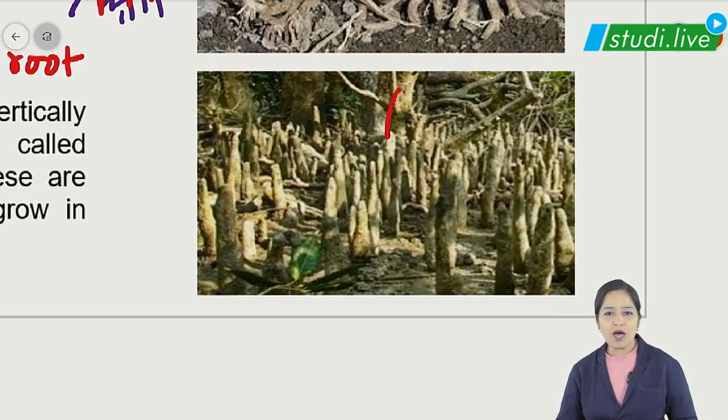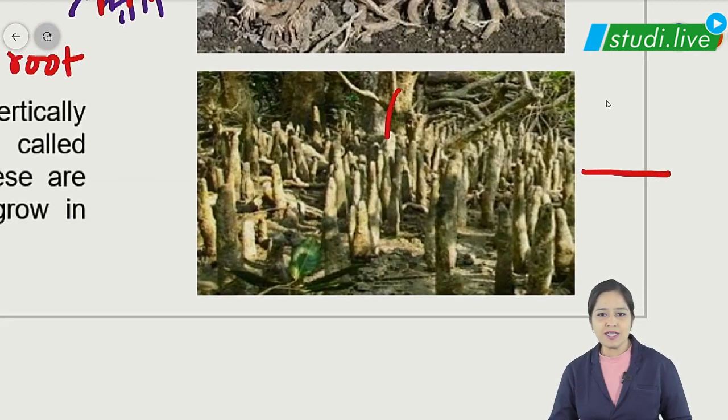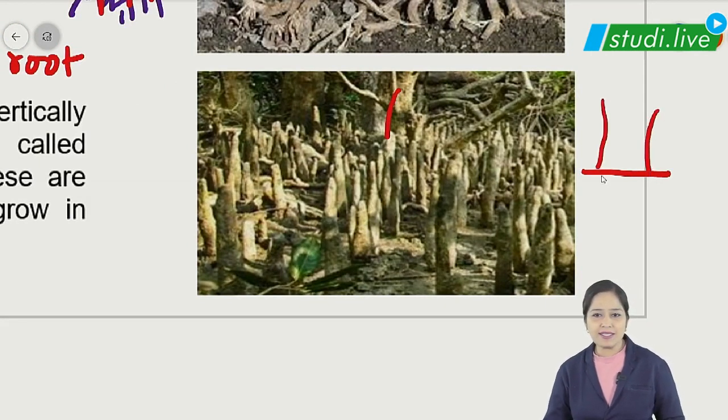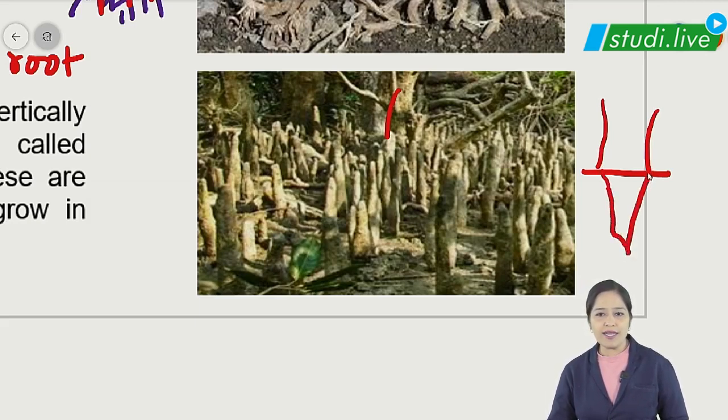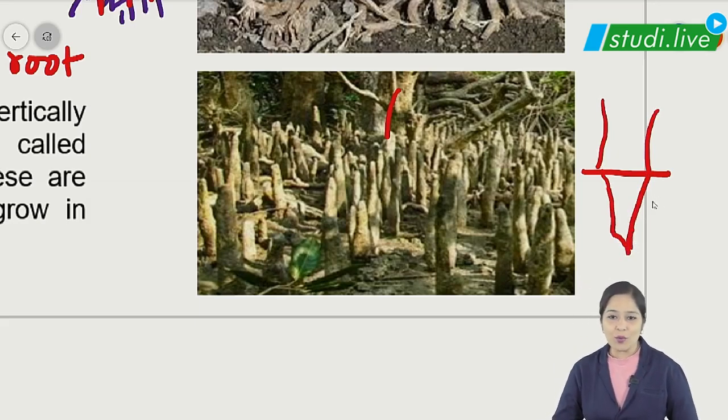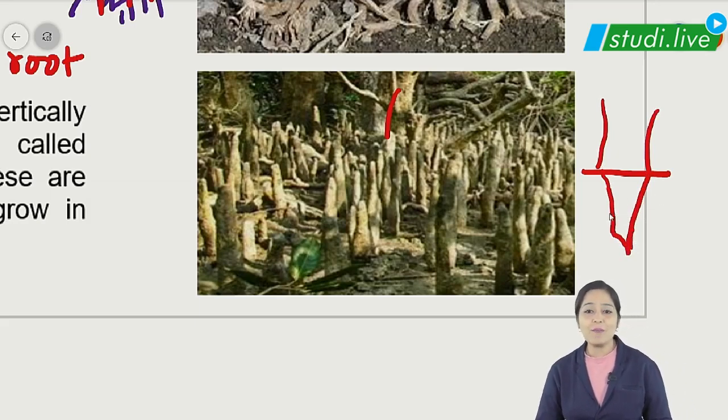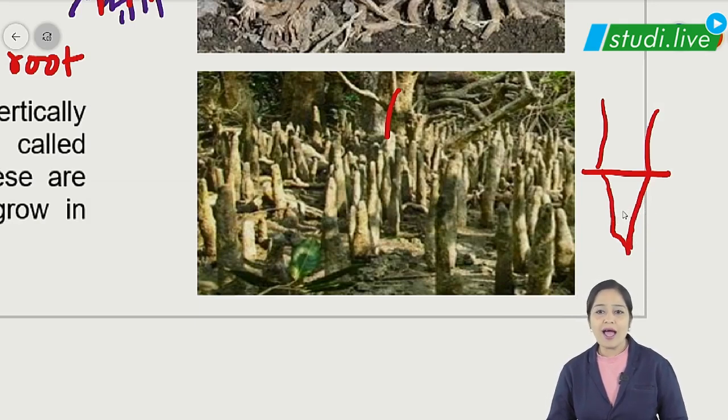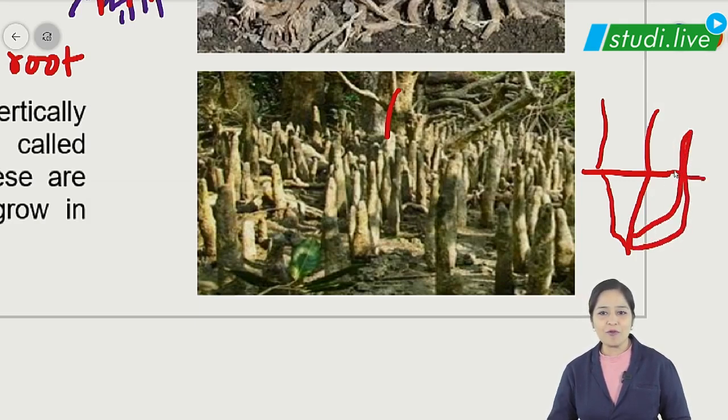Suppose this is the soil and this is the stem. The roots first grow vertically downwards, which means first they are growing towards the soil, they are positively geotropic, and afterwards they come out of the soil in the form of projections.